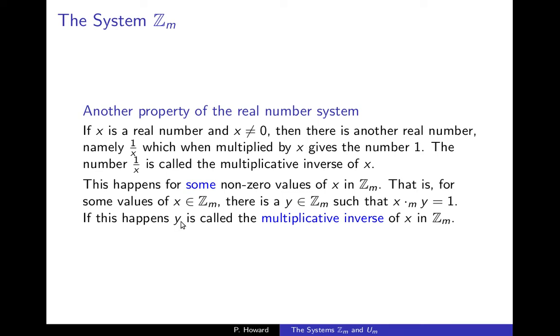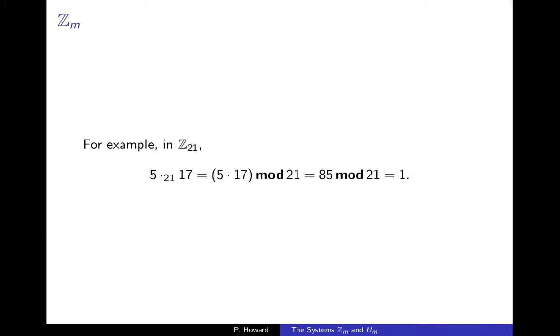And if this happens, we call y the multiplicative inverse of x in Z sub m. It won't be 1 over x, because ordinarily 1 over x will not even be an integer, and therefore won't be in Z sub m. Here's a quick example.